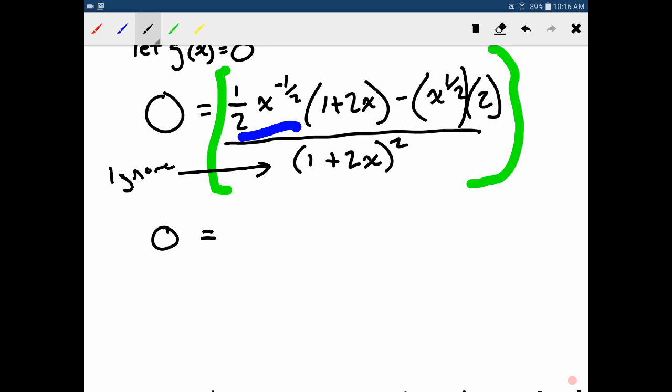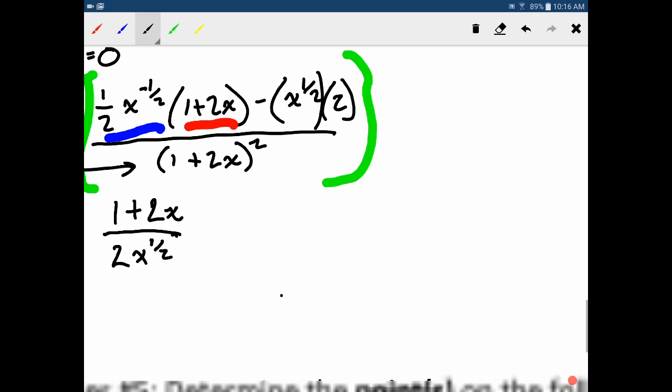So I'm going to rewrite that as a denominator of 2x to the 1/2. And then I'm going to take all this and put that on the top, because it's being multiplied by it. So 1 plus 2x. And you'll see why in a few minutes. This is really going to simplify things for us. So minus 2x to the 1/2.